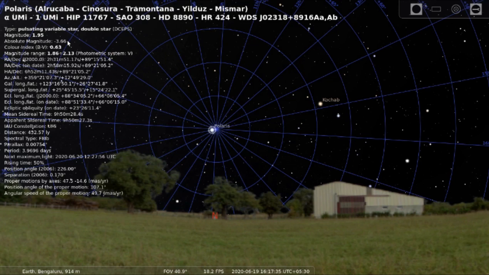So the brightness of the star could depend upon intrinsic energy production, or also on the distance of that star from us. So if you have to compare the intrinsic brightness of two stars, then we have to develop a system where two stars are kept at the same distance from us.